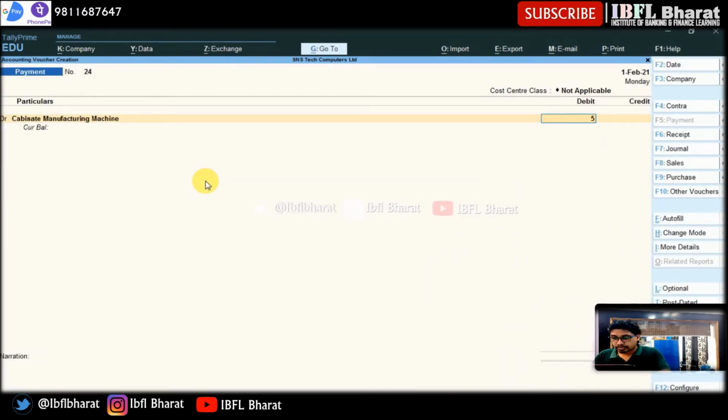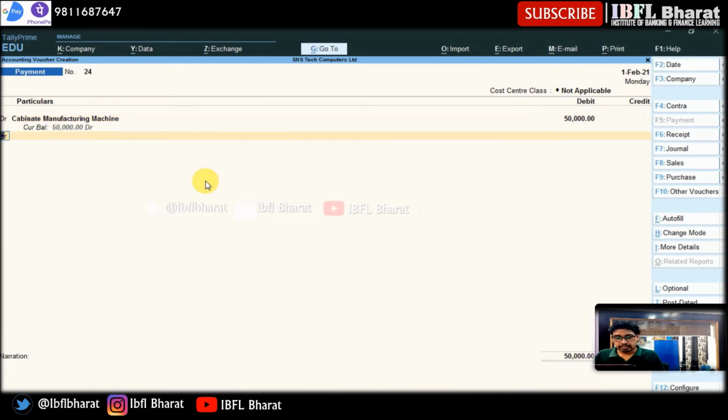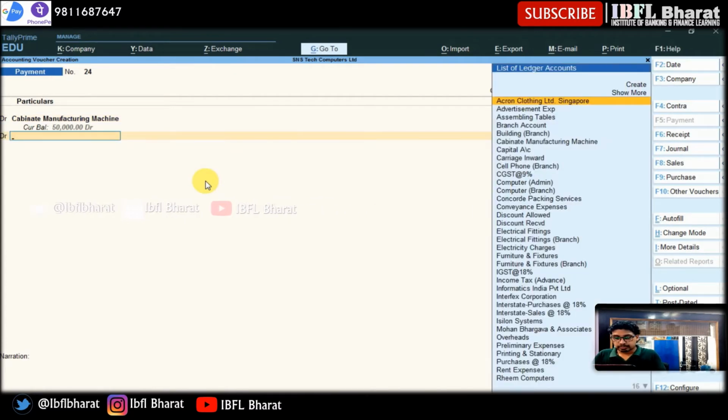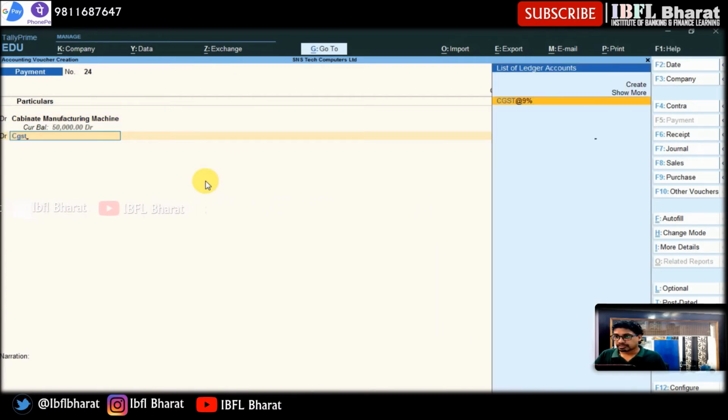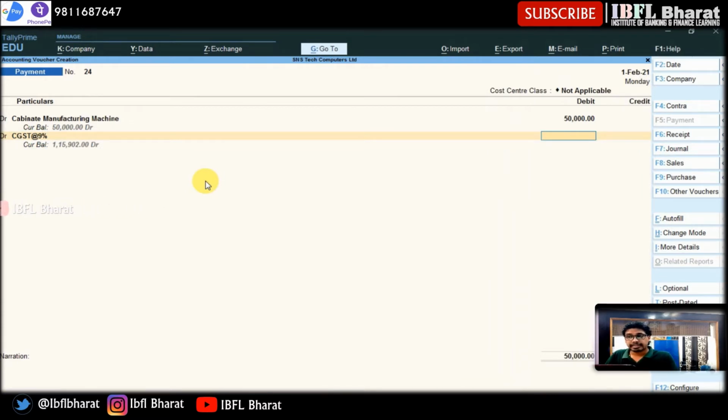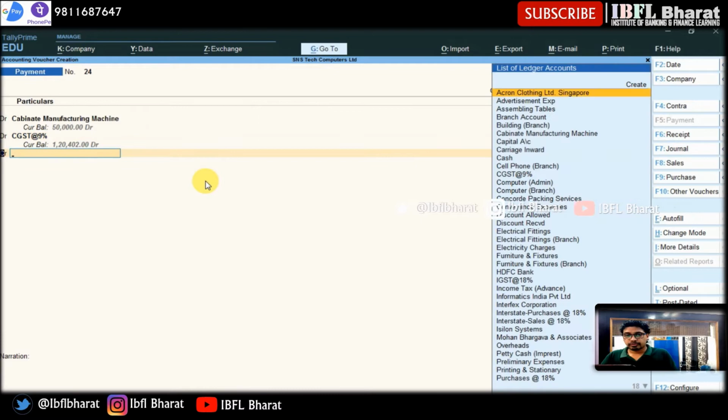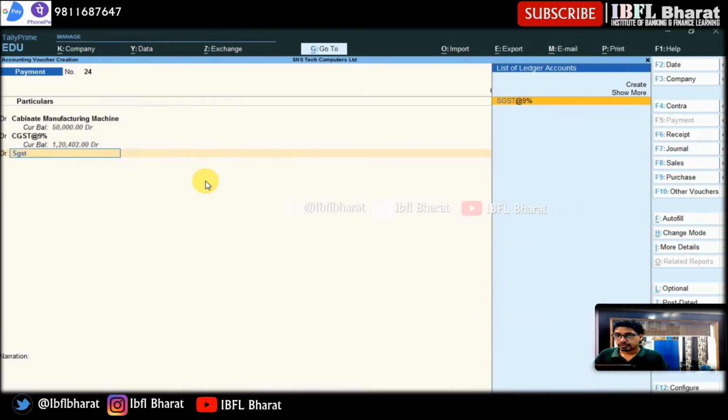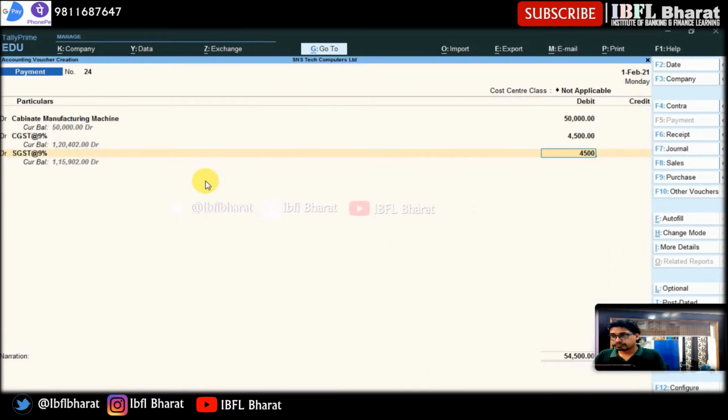Cabinet is amounting 50,000 rupees, and here we are making debit the details of CGST and SGST. At 50,000 we are taking 18%, means 9,000 rupees will be the GST amount, and we are bifurcating it in CGST and SGST, means 4,500. So we will bifurcate it here like this: SGST 4,500.